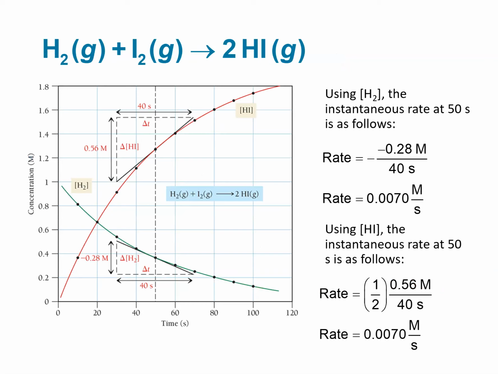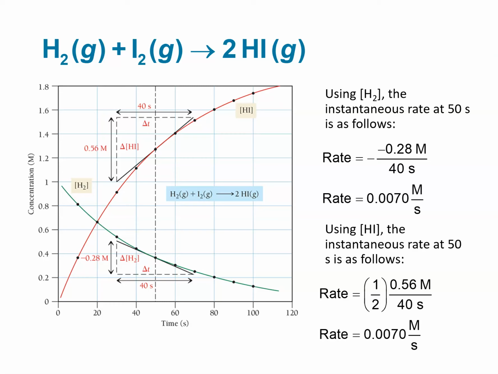And recapping that, let's take a look at this figure again. We've got our hydrogen plus our iodine forming our two equivalents of hydrogen iodide. And our instantaneous rate at 50 seconds, let's see, for which one are we going to focus on?